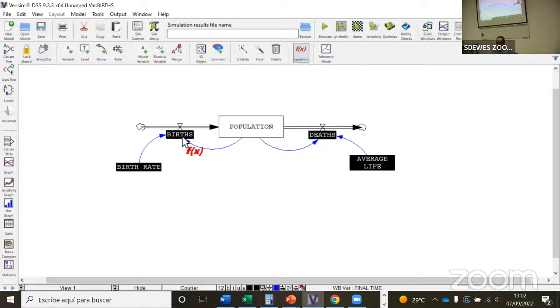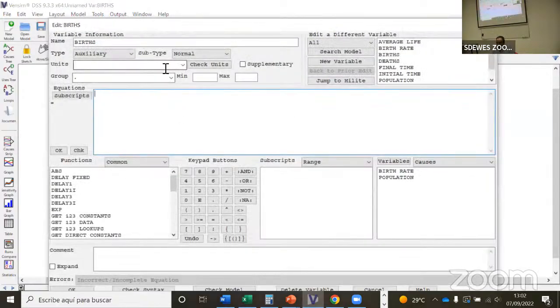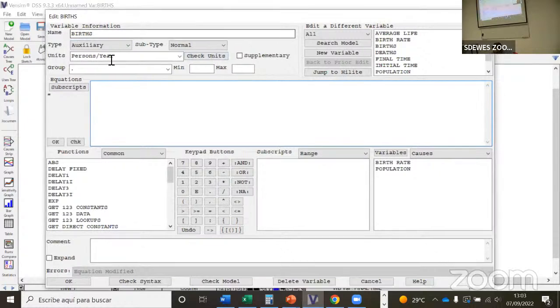When we go again to function, we go to births. I lost units. Don't worry. Persons per year. Then the births will be population multiplied by birth rate.